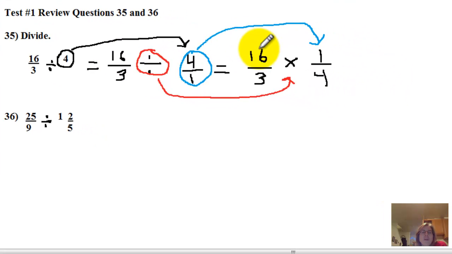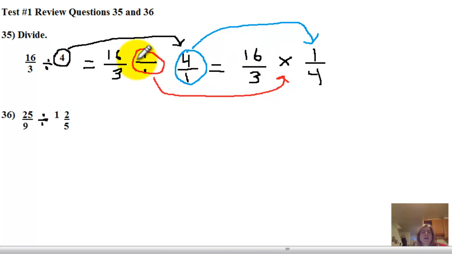Okay, first fraction stays the same. The function sign changes to multiplication, so division to multiplication, and the second fraction is the one you turn over. Try to write those down to remember that. Now it's a normal multiplication problem, and we can do our cross cancelization, which you can see in a video for number 30.